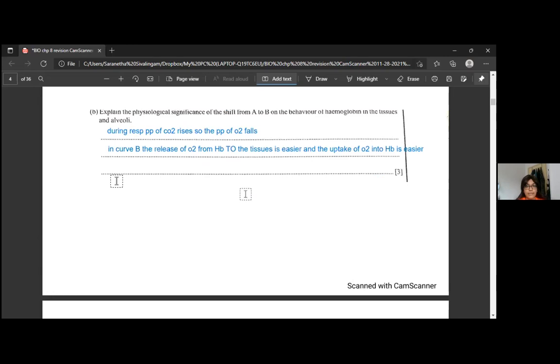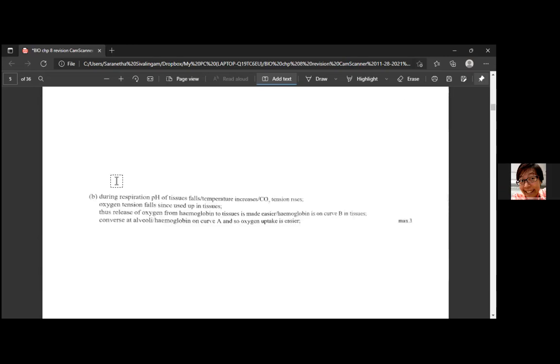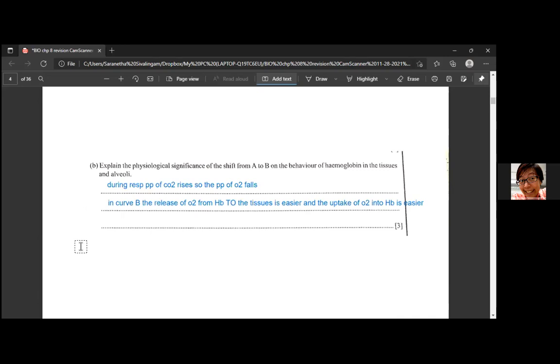So hang on. Uptake of CO2 to hemoglobin is easier? No, the uptake of oxygen is easier into the hemoglobin in curve A. Oh, sorry. In curve A, the uptake of oxygen into the hemoglobin is easier. Okay.